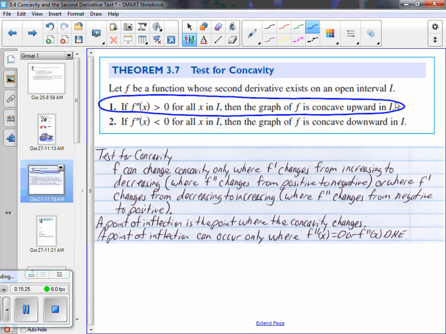If you know one, you know the other two, period. Okay? And then if F double prime is less than 0, F double prime is negative on our interval, then the graph is concave downward on the interval. Because remember what goes together. F double prime negative goes with F prime decreasing. F prime decreasing, by definition, means that F is concave downward.